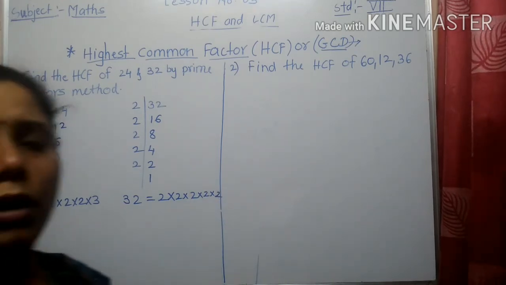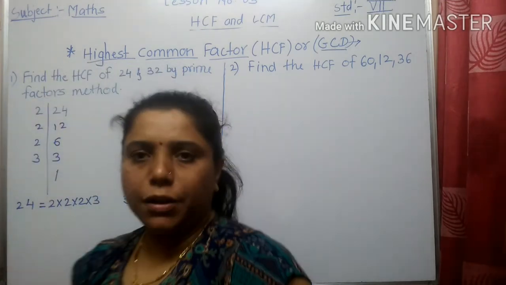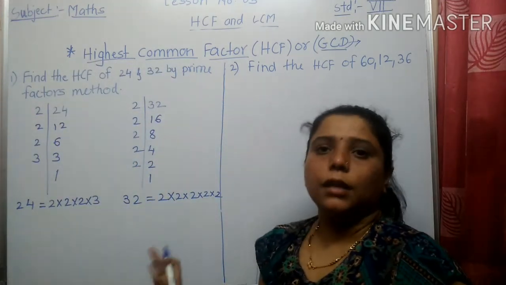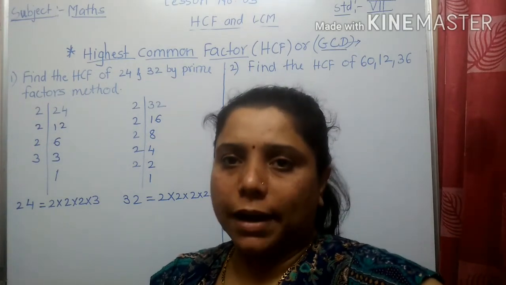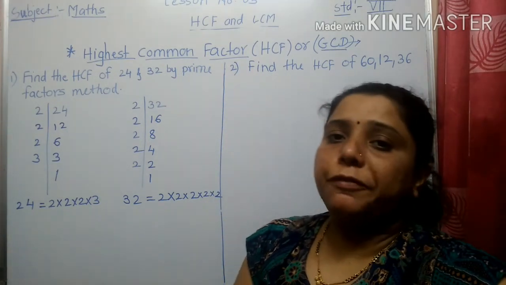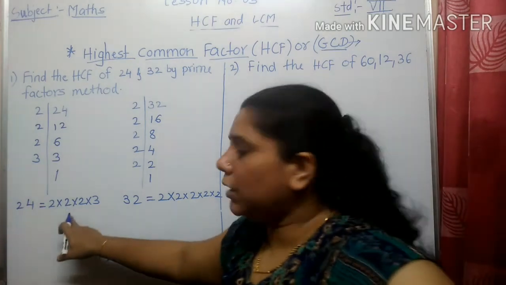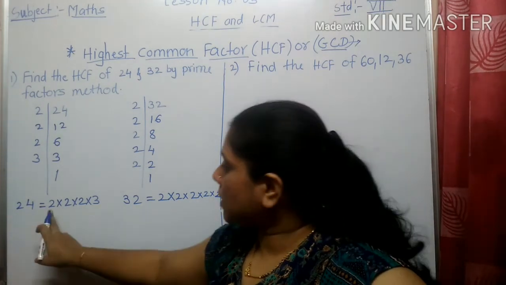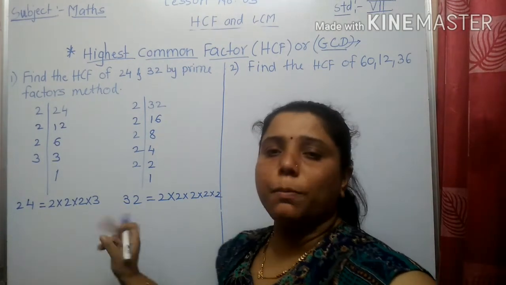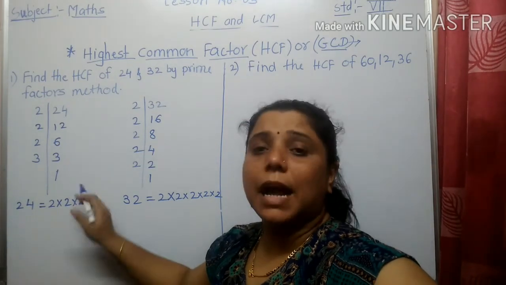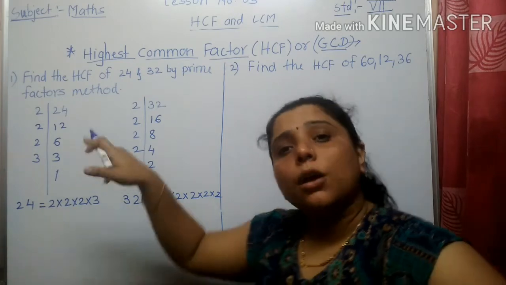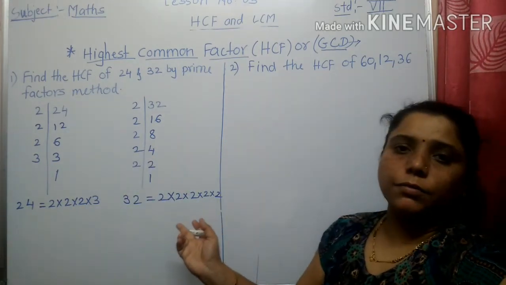Understood? Now, after writing both the factors, you have to take the common factors. What is meant by common factor? The factors which are the same in both the numbers. Now see, here 2 is there, and 2 is there. So make a combination of the common factors. Common factor means that particular number will come in both the numbers.